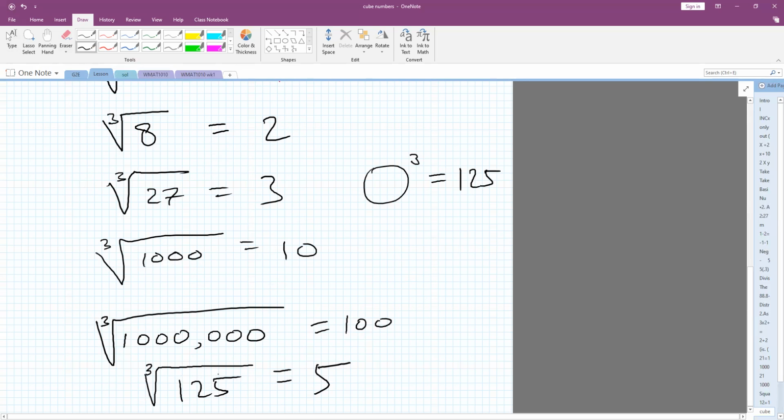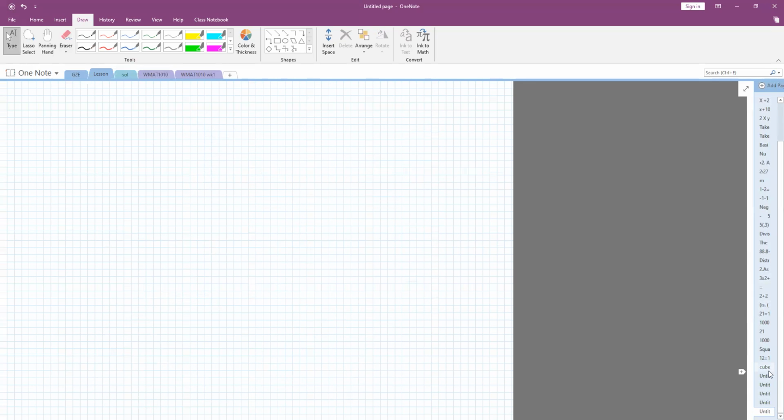For example, this is the last one. What is 6 cubed? That is 6 times 6 times 6. Yes, very good.